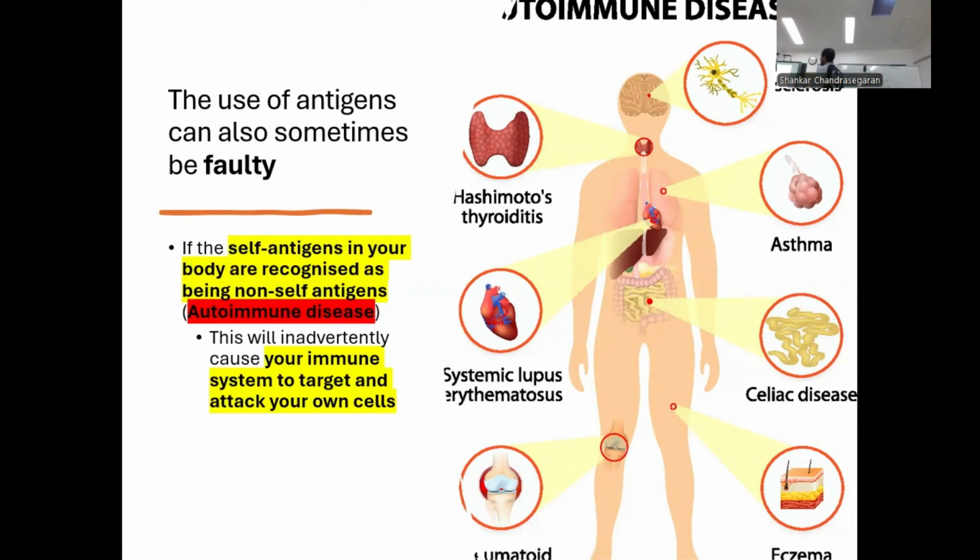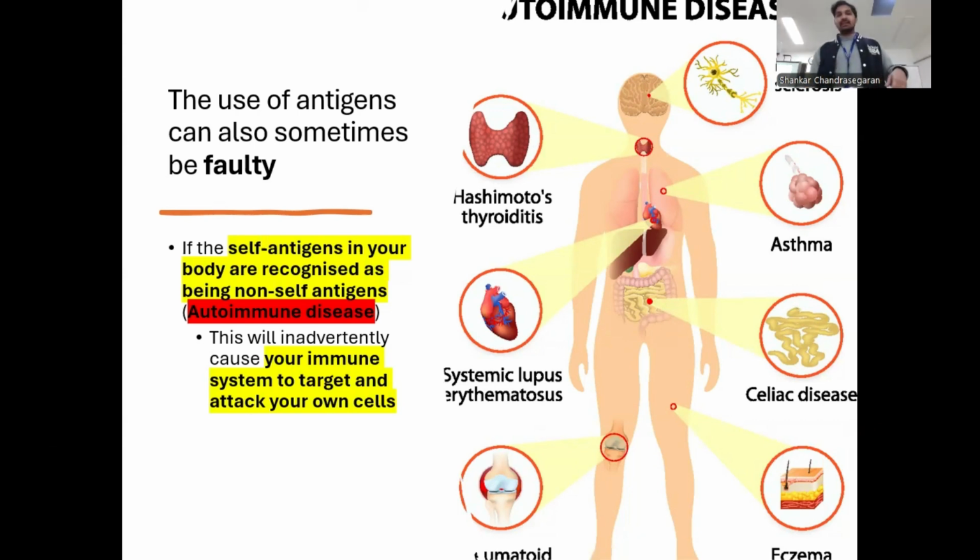But it's basically the fact that your own cells that have self antigens are recognized as being non-self antigens. Basically, your body has started to misidentify your own cells as being foreign cells, and will then trigger an immune response to target and attack your own cells, right?